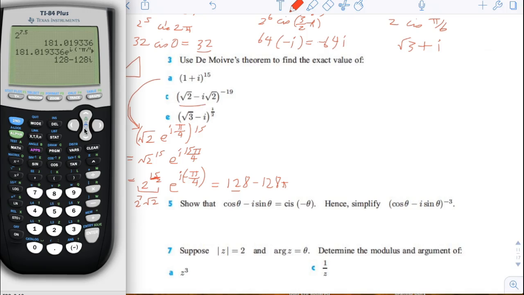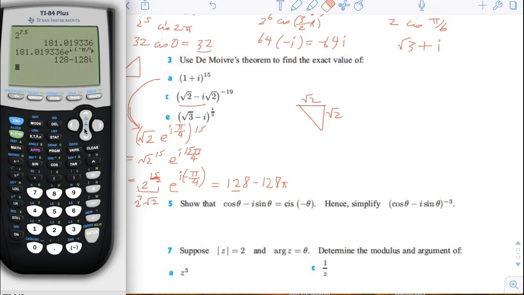Okay, part C. So I have (square root of 2 minus i square root of 2) to the negative 19th. The hypotenuse for this, square root of 2 minus square root of 2, so it would be square root of 2 minus square root of 2.